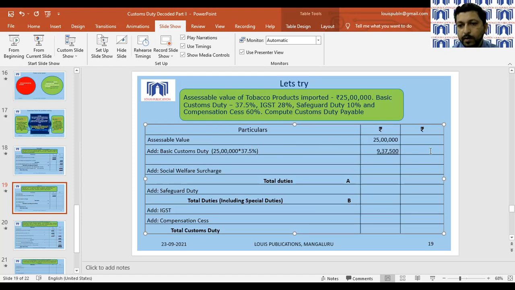I will record the same number in the outer column, 9 lakh 37,500. So basic customs duty is written in the outer column.